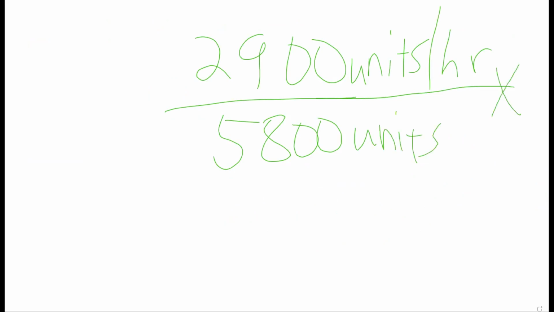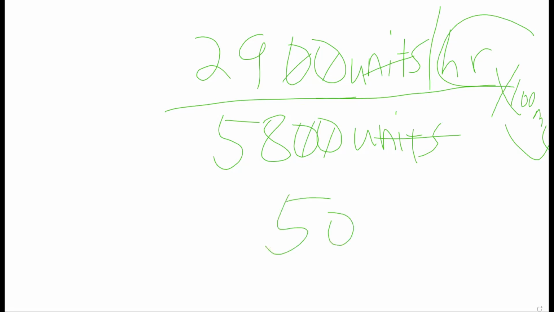And then it's times your 100 mL. So this is going to cross out and you'll be left with mLs per hour. So the math here was the 29 divided by the 58 times 100. And the answer was 50 mLs per hour.